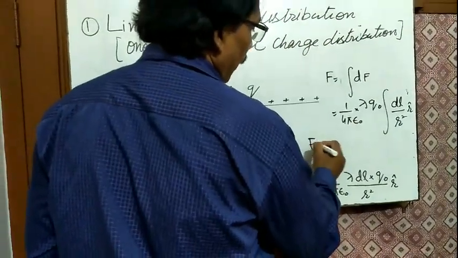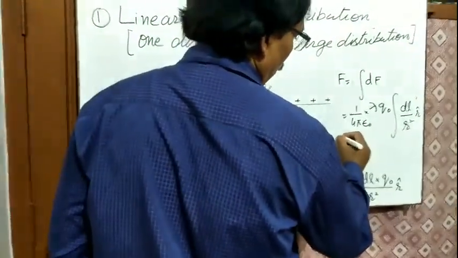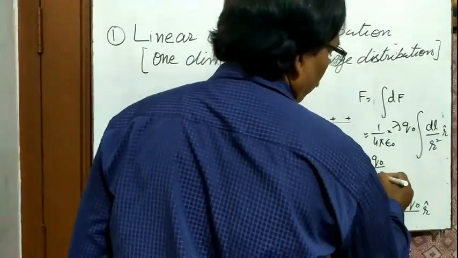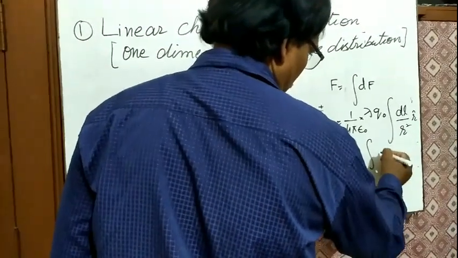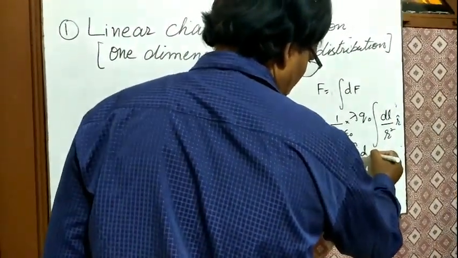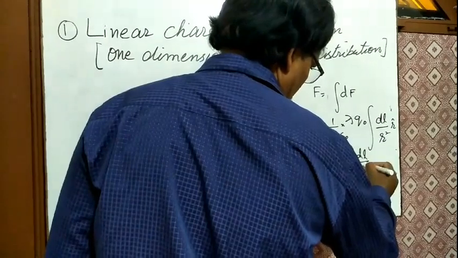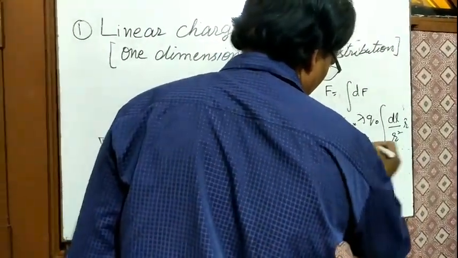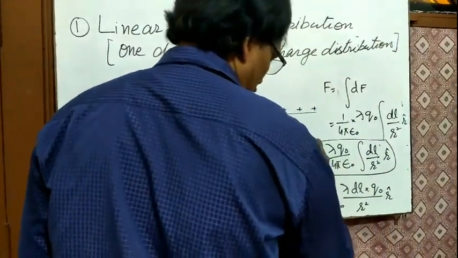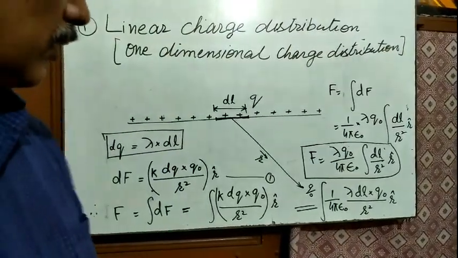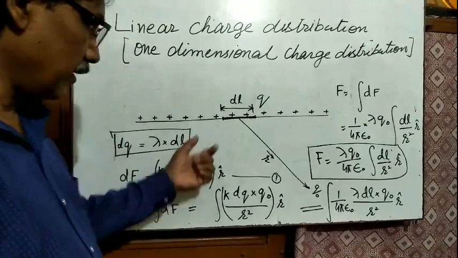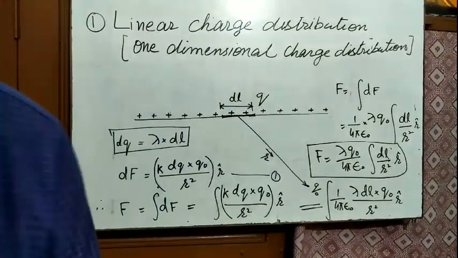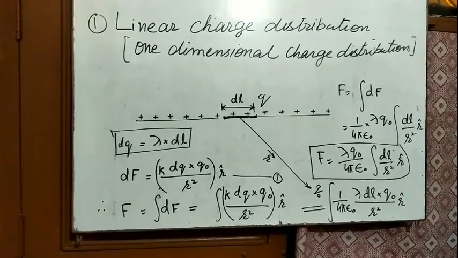You can write that F is equal to lambda Q naught upon 4 pi epsilon naught integral dl by r square r cap. Clear? So in this way we can calculate the net force acting on charge Q naught due to the linear charge distribution. Now come to the next point.